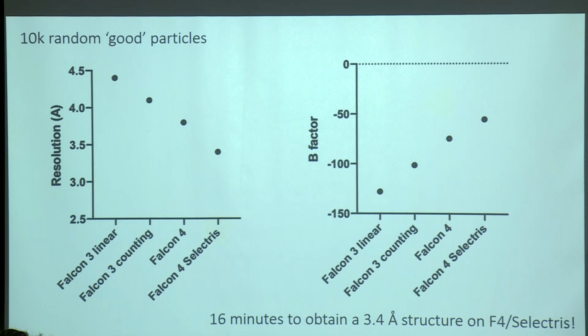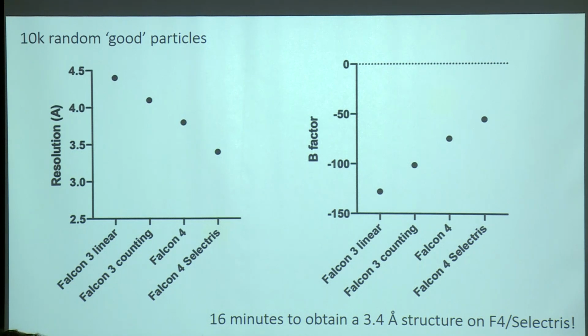The thing I wanted to highlight is that for a non-trivial biological specimen, this is the equivalent of taking 16 minutes of data acquisition to solve a 3.5 angstrom structure.